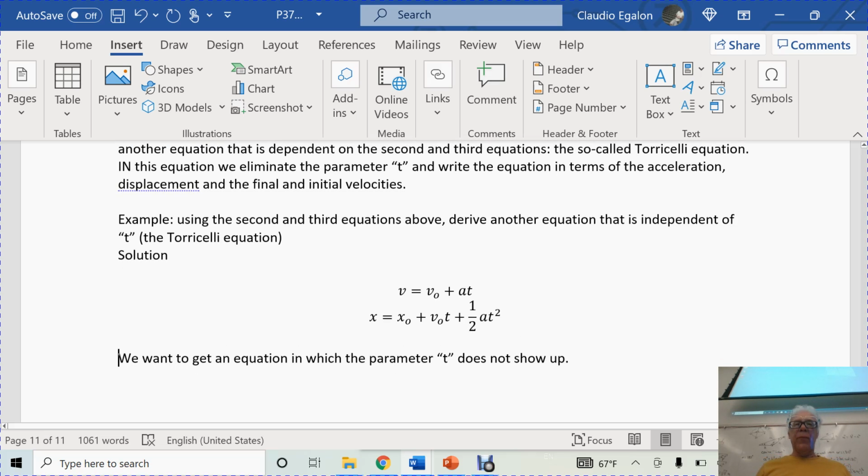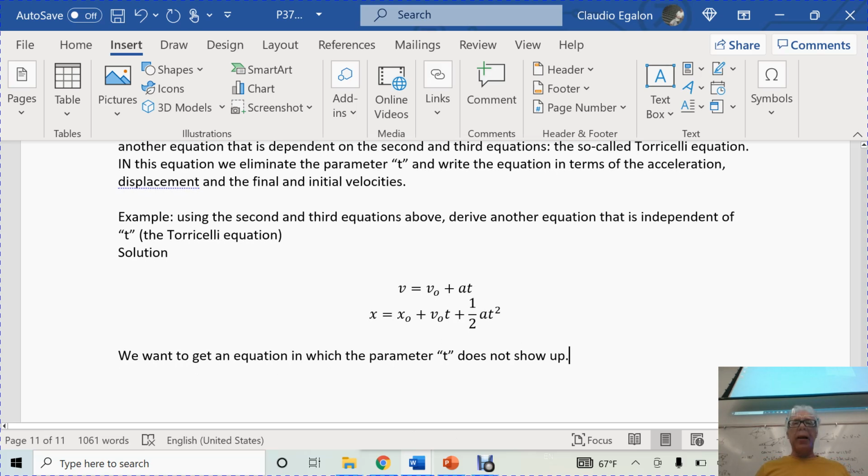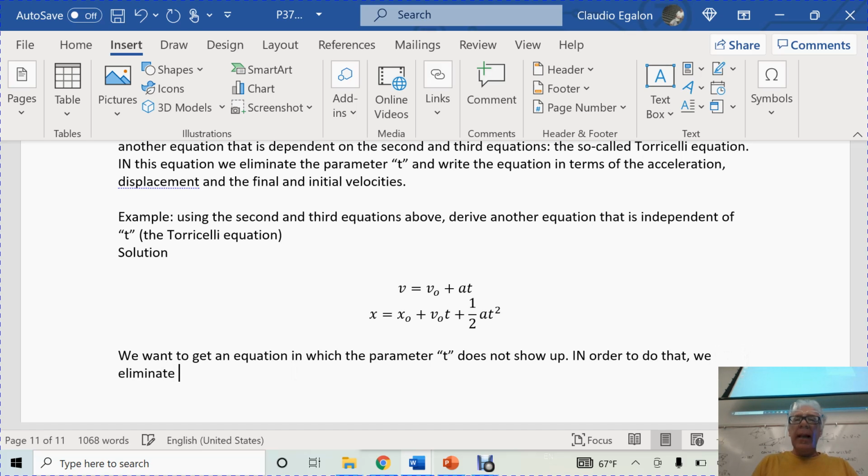Okay? So how do we do that? In order to do that, we eliminate t by writing it in terms of the other parameter.